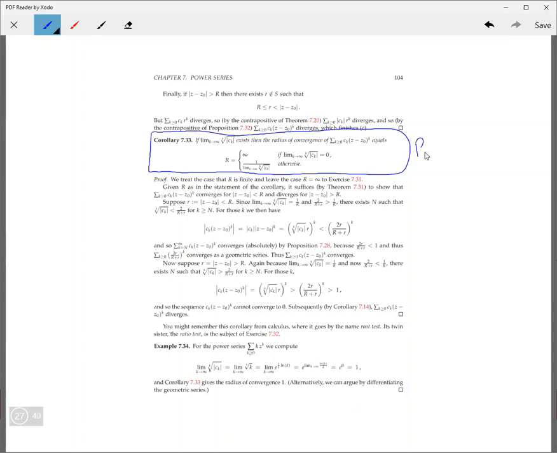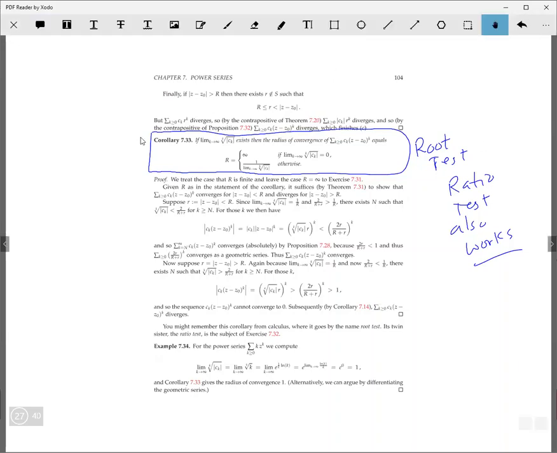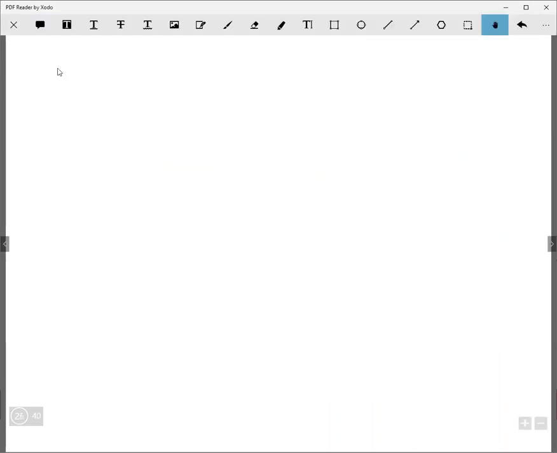This is the root test, but the ratio test also works. So let me try to explain how this works. I'll go to the previous page here, and I get a couple of examples for this one.